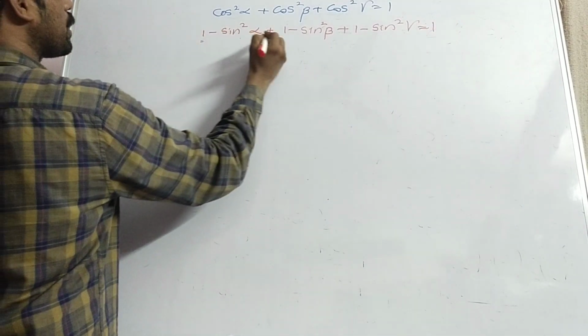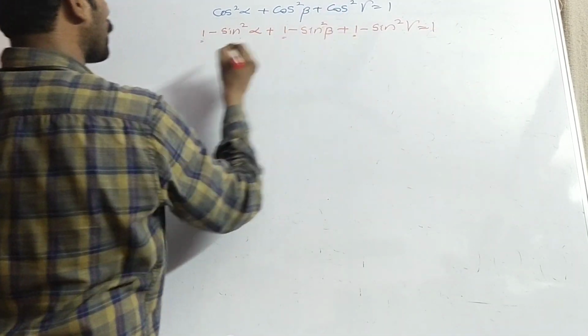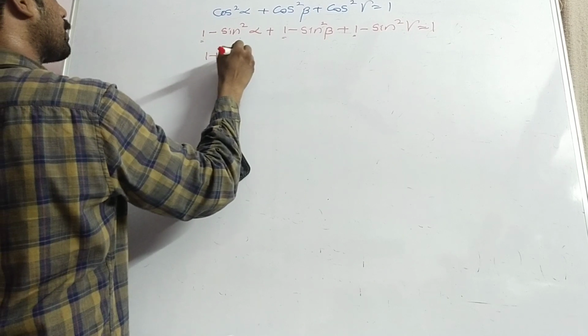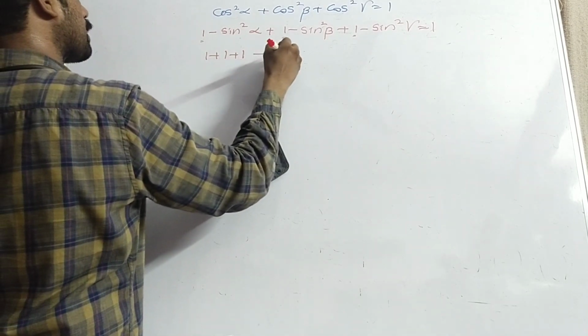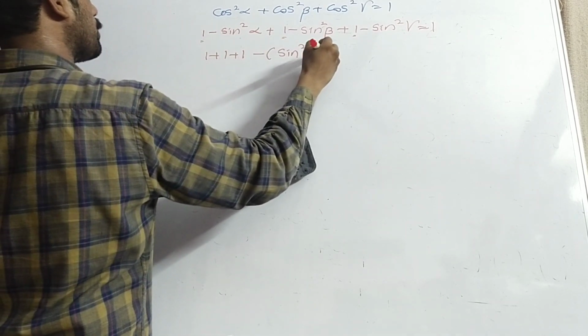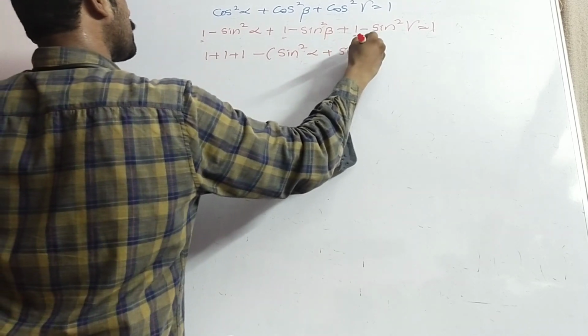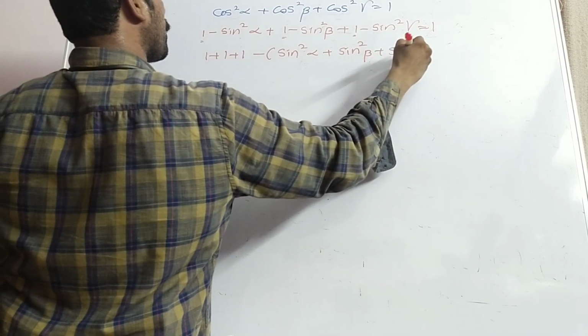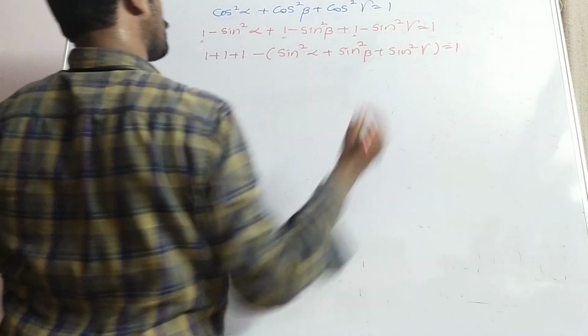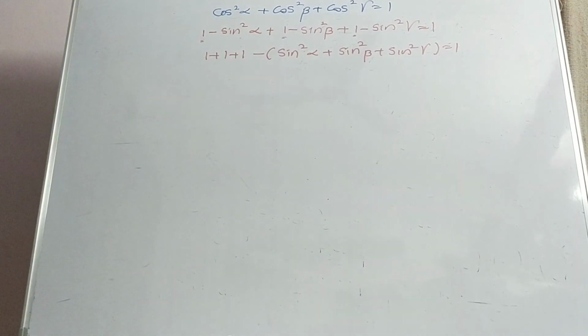Now 1 plus 1 plus 1 minus, by taking common, sin square alpha plus sin square beta plus sin square gamma is equal to 1.